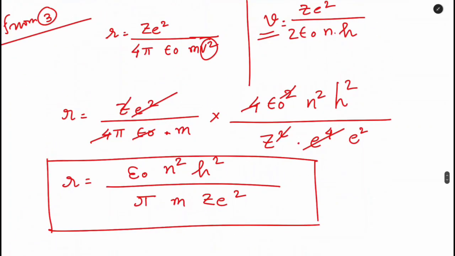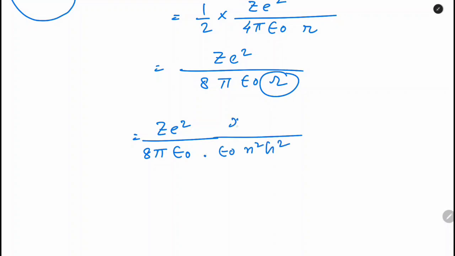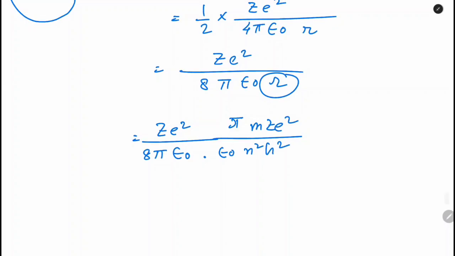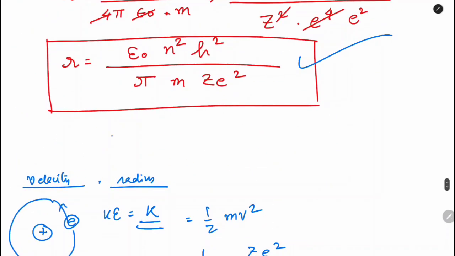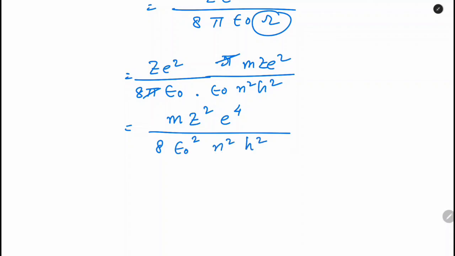So we will use this value of r and we will come up with Ze² divided by 4πε₀ into ε₀n²h² over πmZe². We are using this value, and hence π gets cancelled, and we will have the value of mZ²e⁴ divided by 8ε₀²n²h².